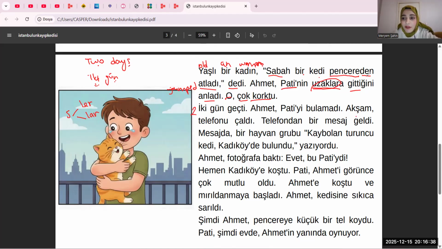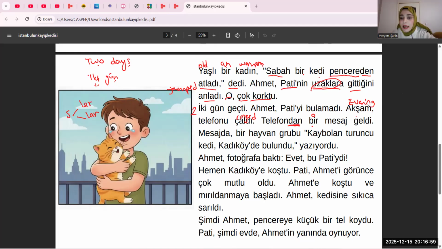Akşam telefon, phone, same. Çaldı. Ringed. Ring. We're in past tense. Akşam means the evening. Telefondan means from the phone.